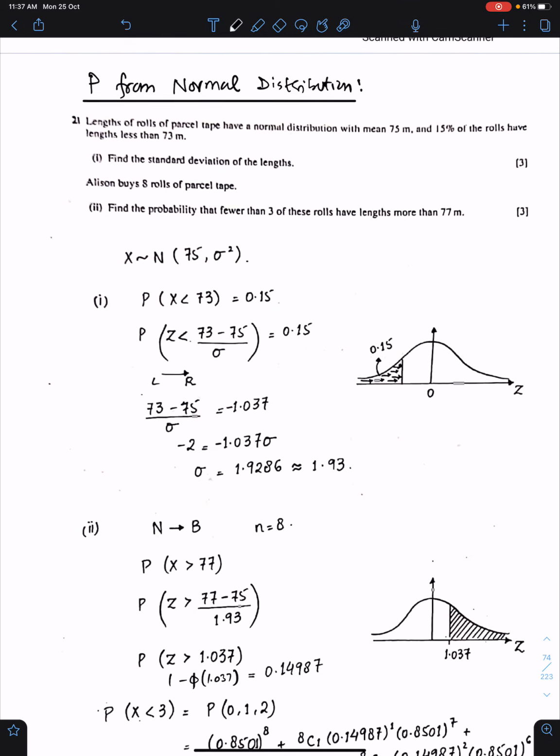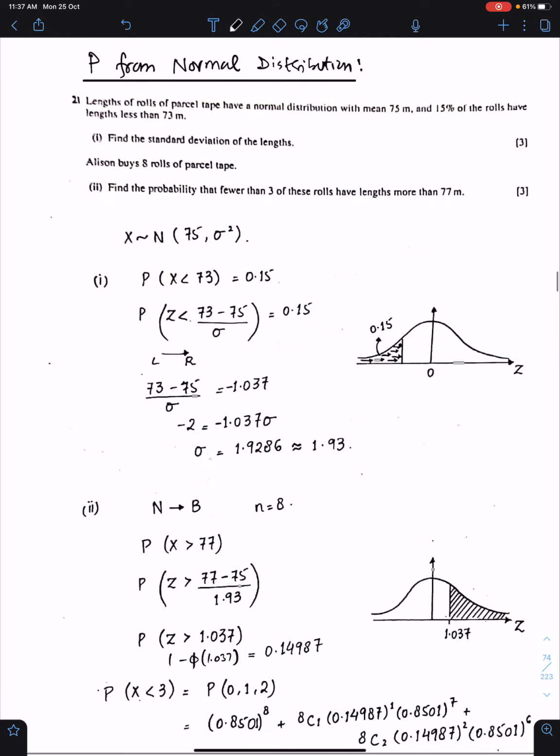Last case, case 3: the P of binomial distribution from normal distribution. This question is from a past paper. Lengths of rolls of parcel tape have a normal distribution with mean 75 and standard deviation unknown. 15% of the rolls have lengths less than 73 meter.